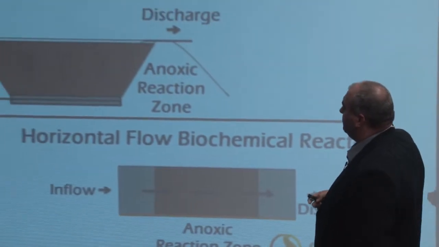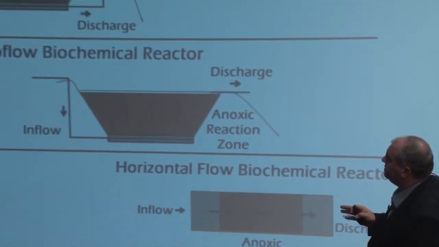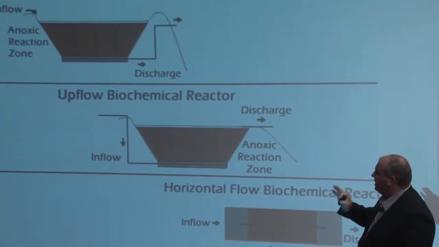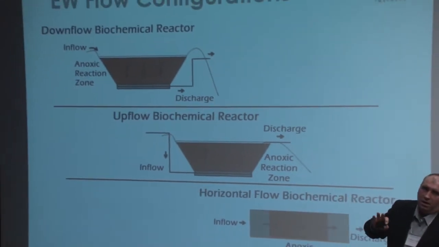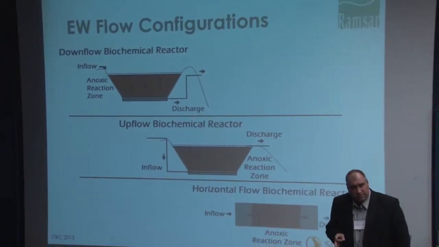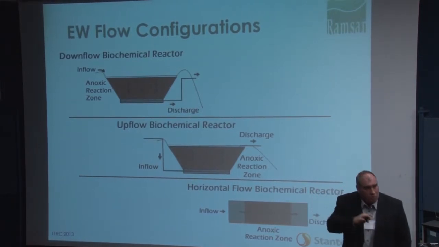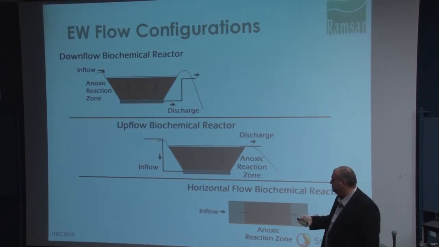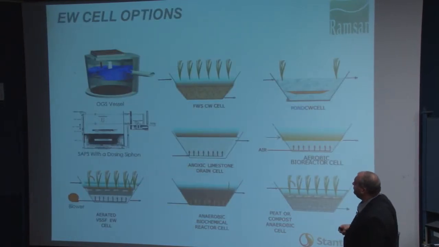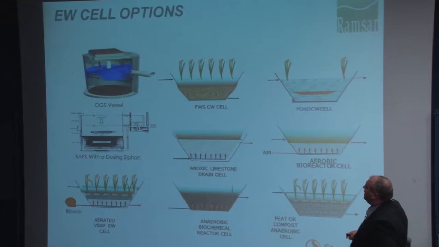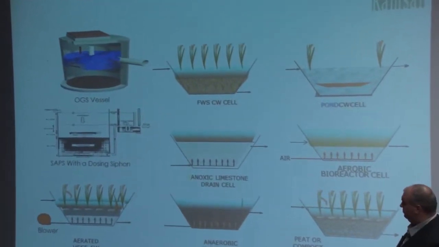Here's some different types of configurations. We've got downflow vertical systems, we've got upflow vertical systems, and we have horizontal systems. Here's just some of the different engineered wetland cell options.